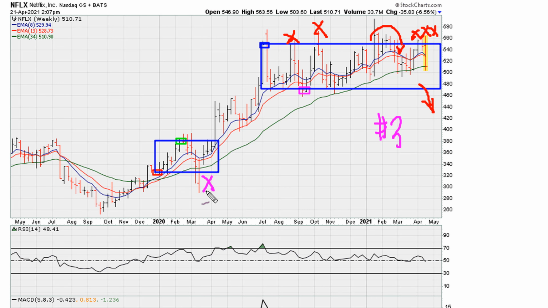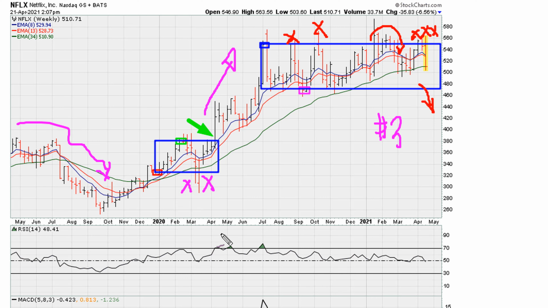After this failed breakdown attempt, we end up eventually breaking out above the top of this box. And of course, since then, prices have been higher. This was set by this low movement. So it's the exact opposite. What I'm saying is the exact opposite concept also works on the way up.